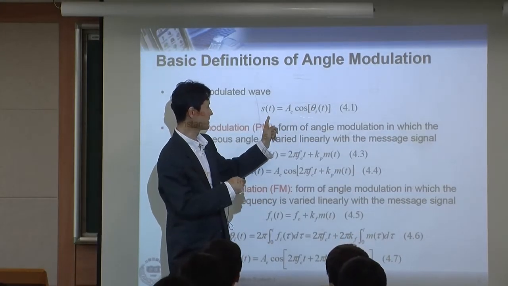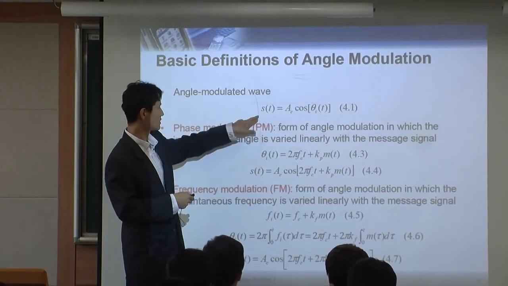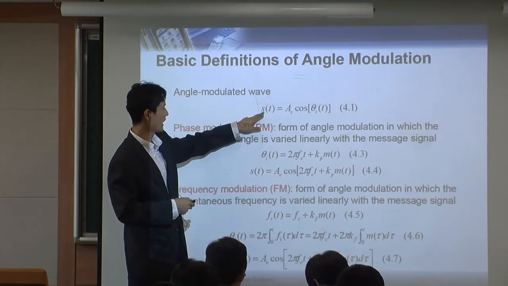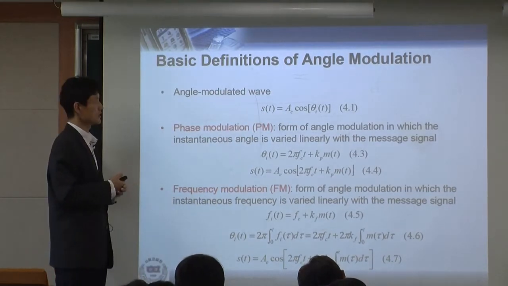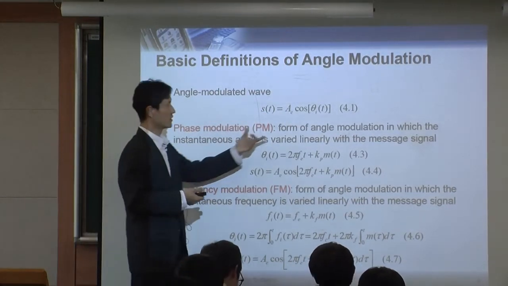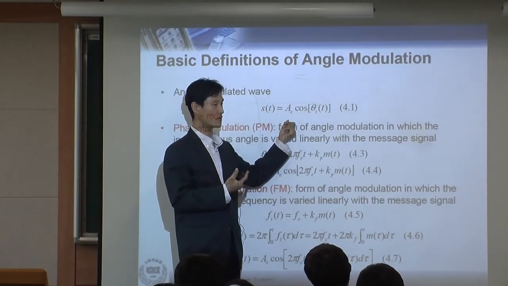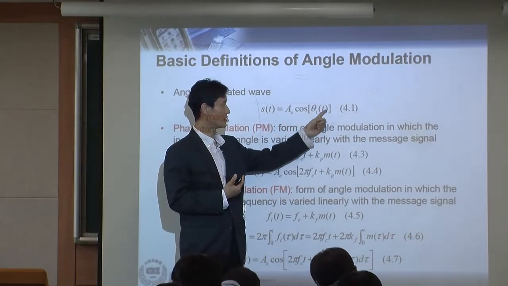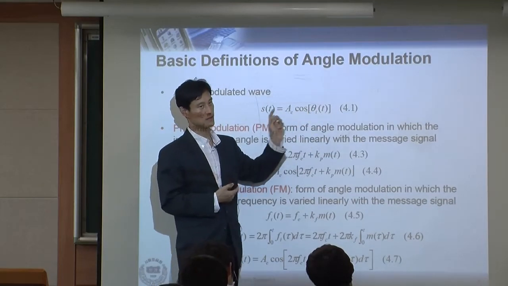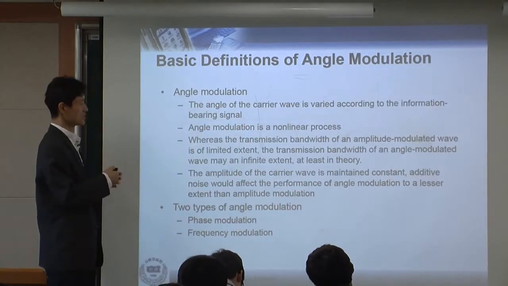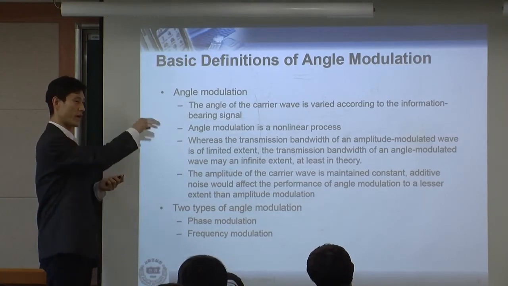You see that this is kind of a carrier, right? We say that it's just s(t), like a generic sinusoidal wave. But when you look at this as a carrier, for example, this is the angle. Whatever is inside the cosine, that's the angle. So what angle modulation is, you're going to put the message into the angle.